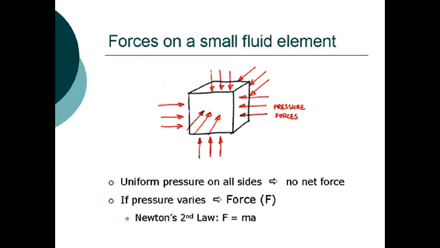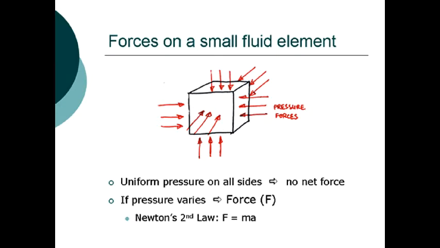If all these pressures are the same on all 6 sides, then what net force do we have? Well, we have 0 net force. If the pressure on this side is the same as the pressure on that side, then we have no force in the horizontal direction, and so on with all the other sides. So if the pressure is completely uniform, then we have no net force.